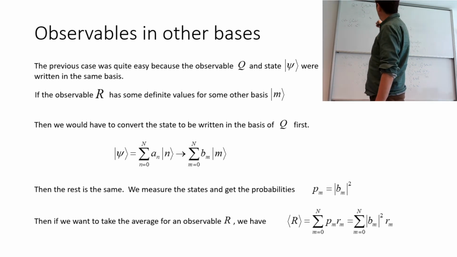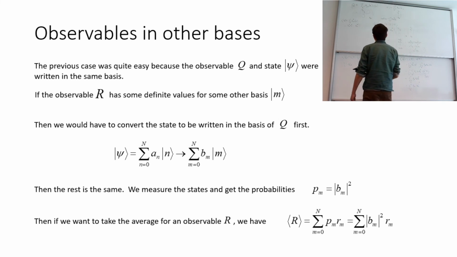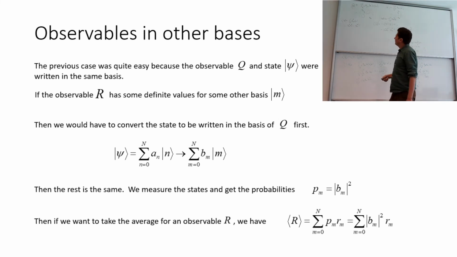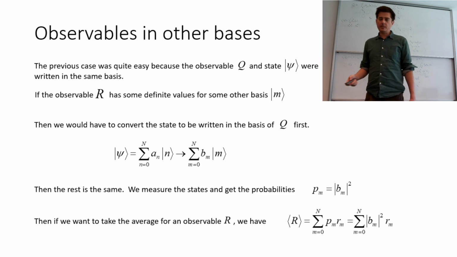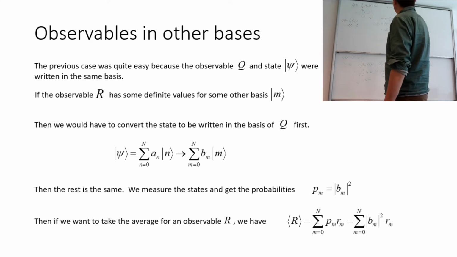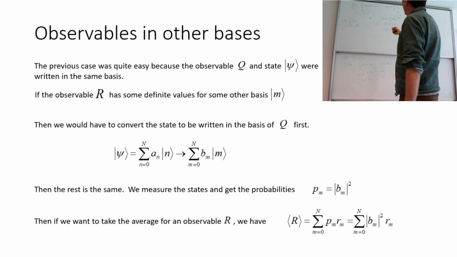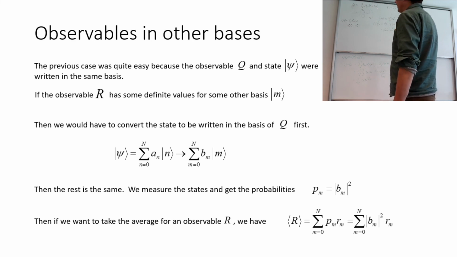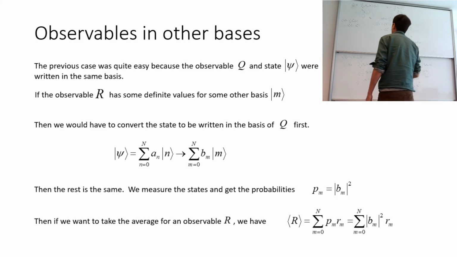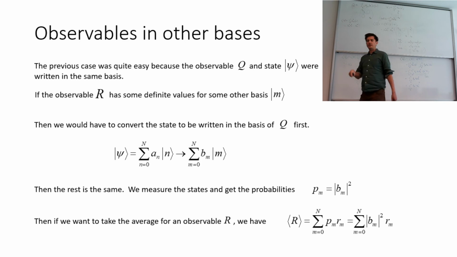What was very simple about this example that I had here was that the basis my state was written in, n, just so happened to be the same basis as the observables, right? That's not always the case, right?